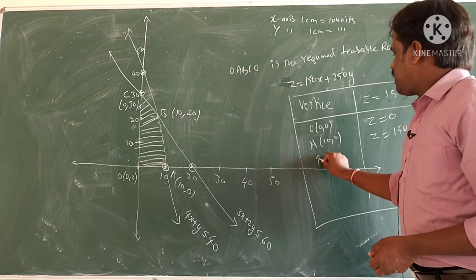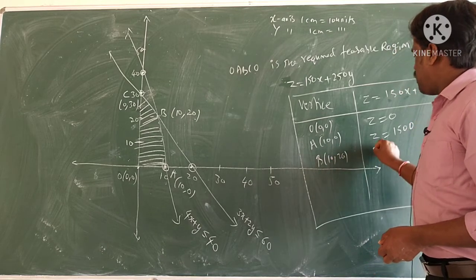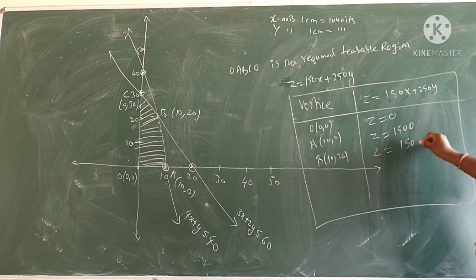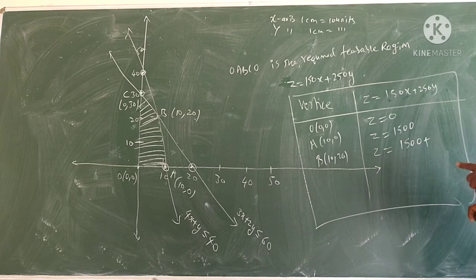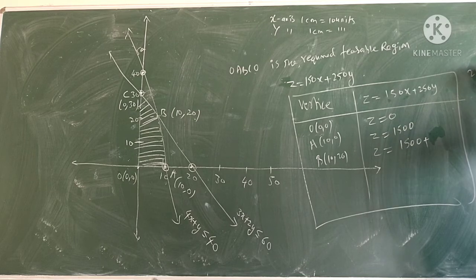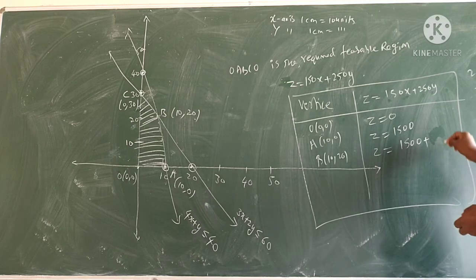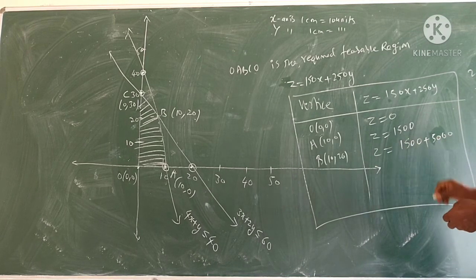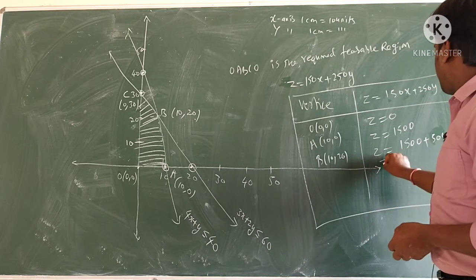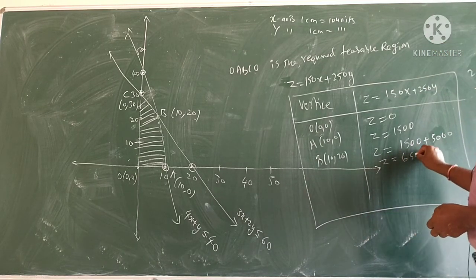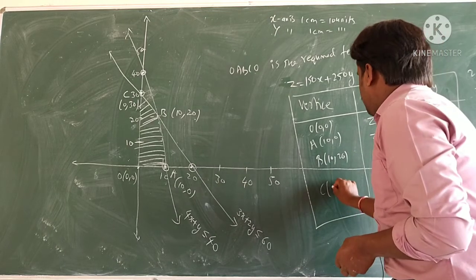If I substitute B, 10 comma 20, then Z is 150 into 10, that is 1500, plus 250 into 20, which is 5000. So Z is equal to 6500.